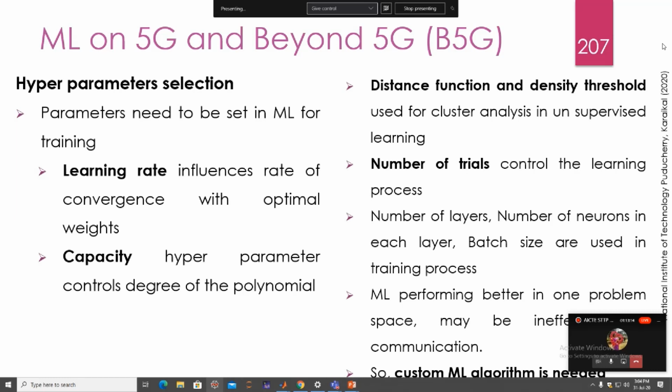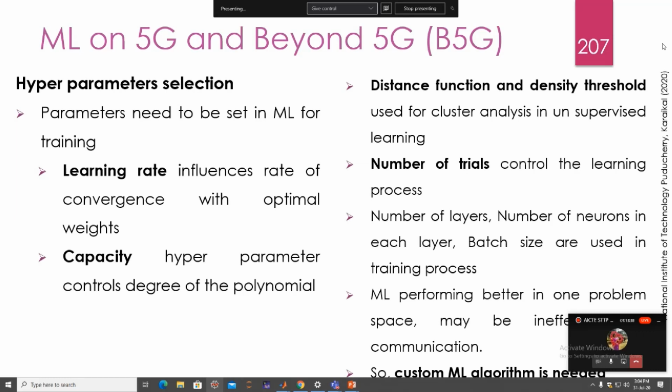In the case of k-means clustering, the main problem is how to decide the value of k. This decision depends upon the environmental condition, the real data, the situation, and how many clusters we are looking for. The number of trials controlling the learning process is another parameter.